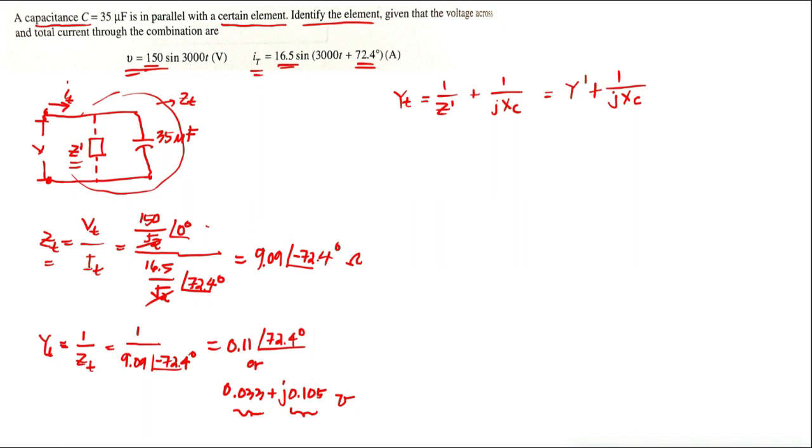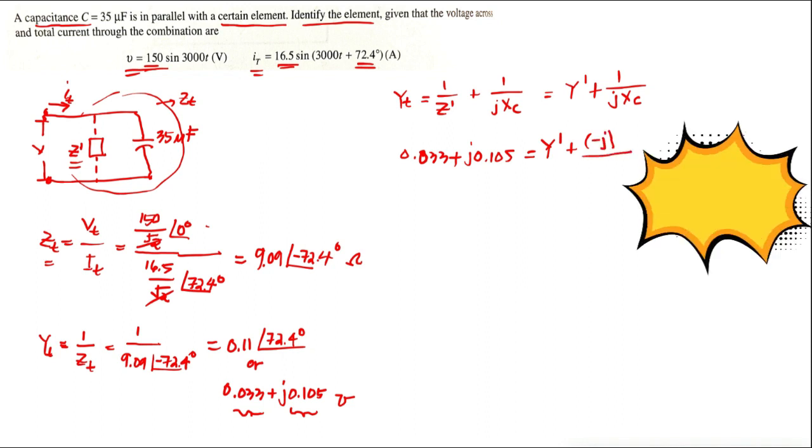We equate this to the value of 0.033 plus j 0.105. Now if we are going to place j in the numerator, it will become negative because we will multiply here j times j, and j squared on the denominator is negative 1. So this will become negative j over x sub c.